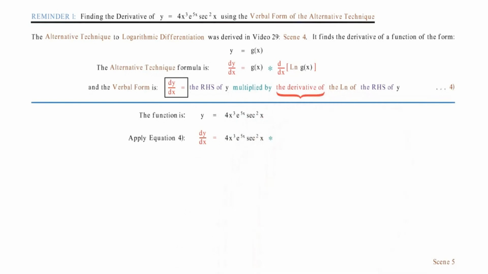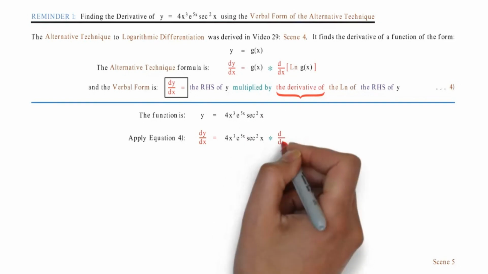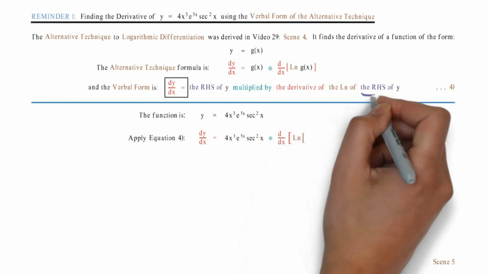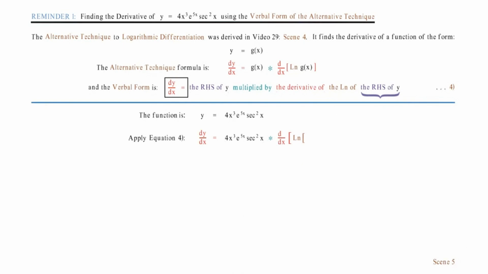The derivative of is d by dx of. The line of is line of. The right-hand side of y, as before, is.